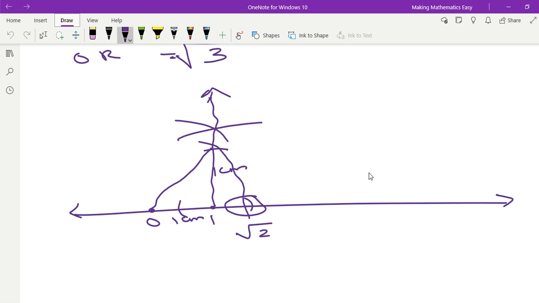Okay. Now the same way, like how you drew this arc, same way you will have to draw a perpendicular from this using your compass.